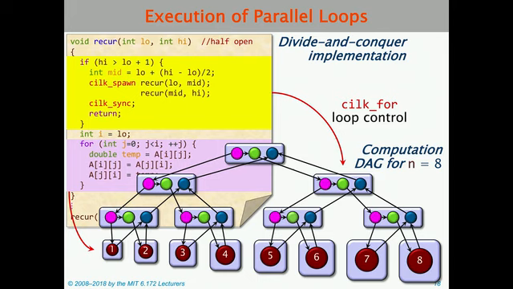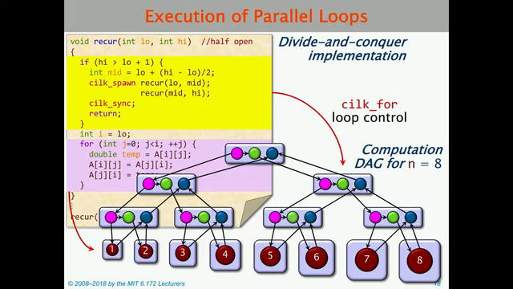And what it's doing is it's basically saying, let me divide it into two parts, and then I spawn one recurrence, and I call the other. And I just keep dividing like that till I get down to the base condition. And then the work that I'm doing, I've sort of illustrated here. The work I'm doing in each iteration of the loop is growing from 1 to n.